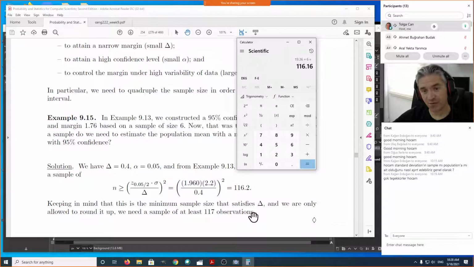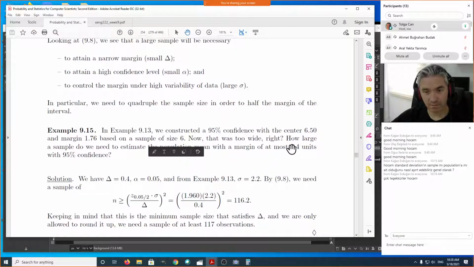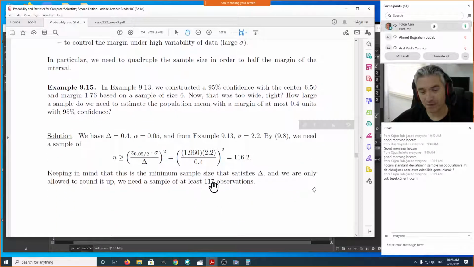With 117 observations and 95% confidence, your margin is going to be 0.4 units around 6.5, if 6.5 turns out to be the average of these 117 observations. Probably with 117 observations, the 6.5 is also going to change. But whatever that is, if you go 0.4 to the left and right of that, the probability that the actual mean is in this interval is going to be 0.95.